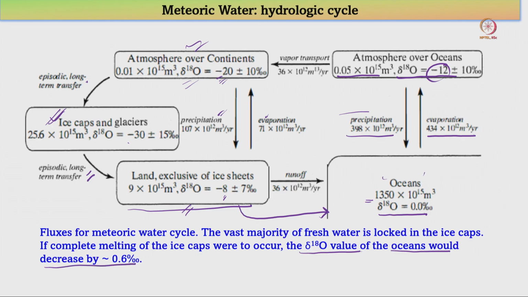Why is it going to decrease? Because these ice caps and glaciers are rich in 16 oxygen.